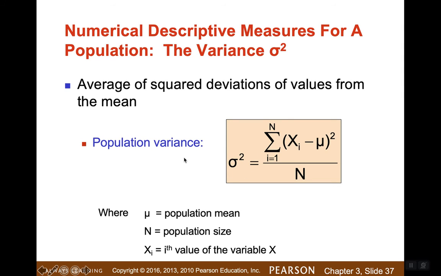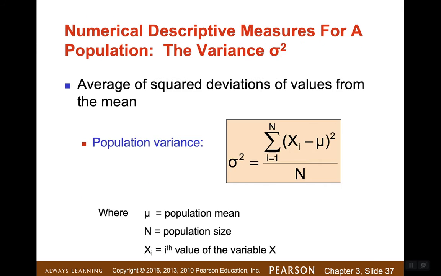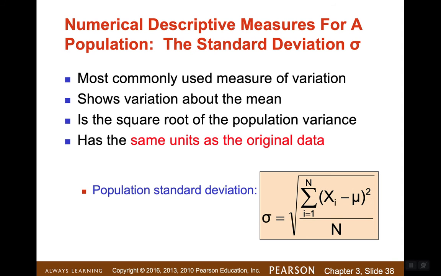If we go back and look, the calculation is very similar to what we do for sample variance, except that we're drawing from a different size of data. And then for the population standard deviation, we take the square root of the variance, and that gives us our population standard deviation.